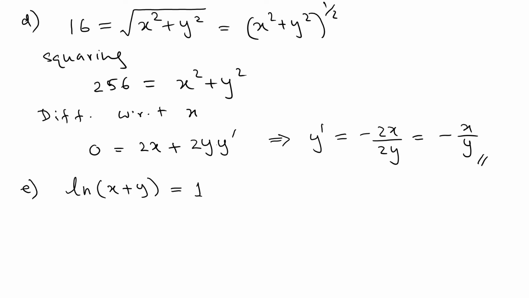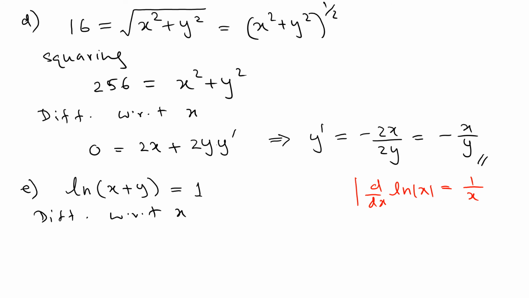Next we have ln(x plus y) equals 1. So we need the derivative of a log. We know that the derivative of a natural log is 1 over x, and even with the absolute value sign, it's the same thing. Again, differentiating with respect to x, just make it a practice.